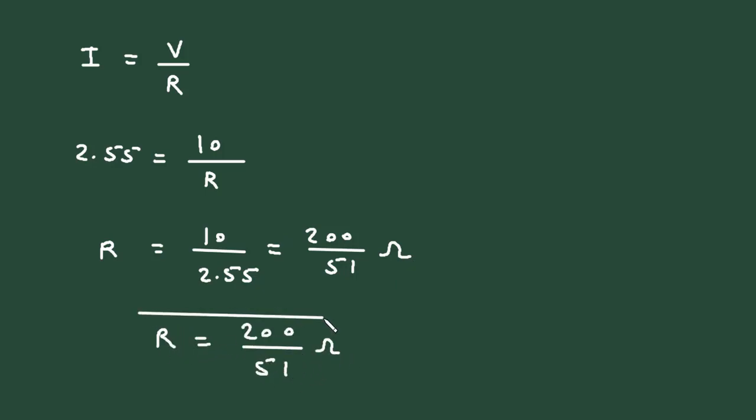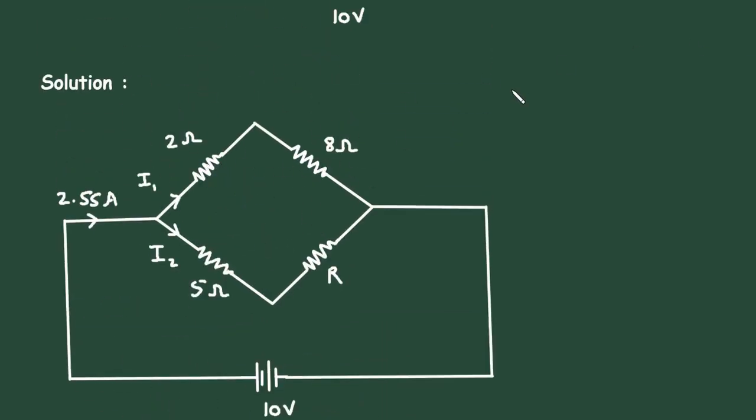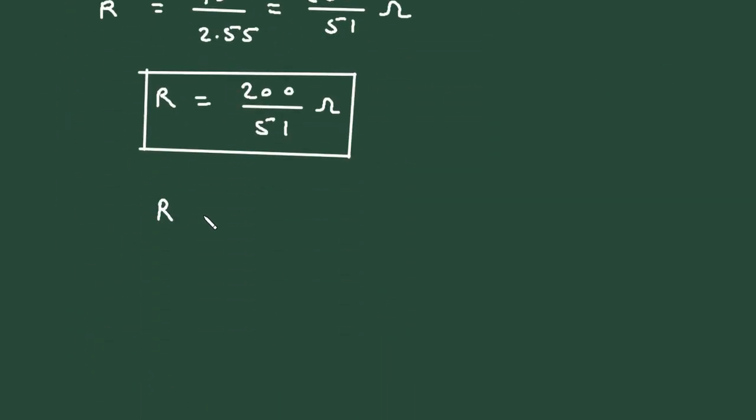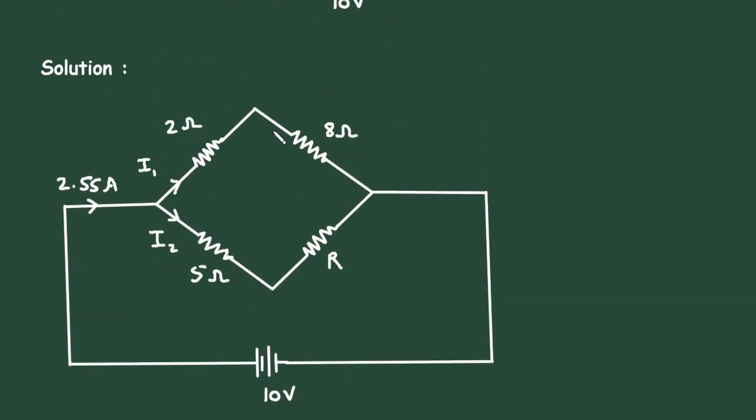These two resistors are connected in parallel. So it will be R1 into R2 divided by R1 plus R2, divided by total, that is R3 plus this REQ.